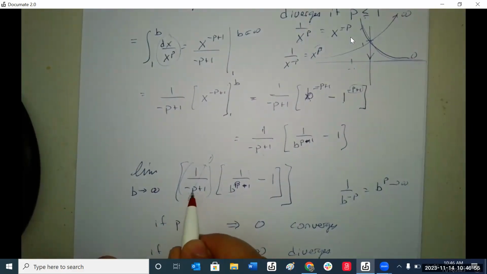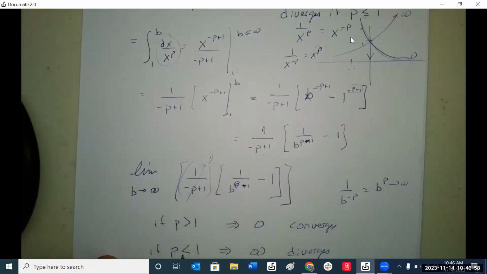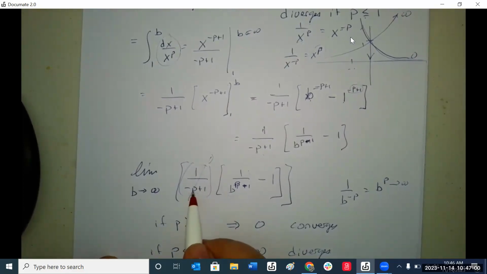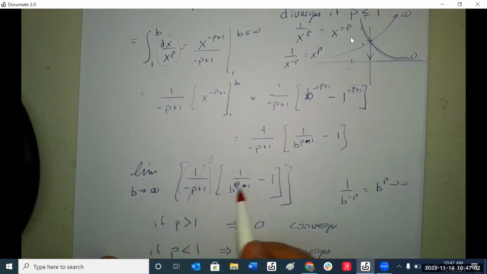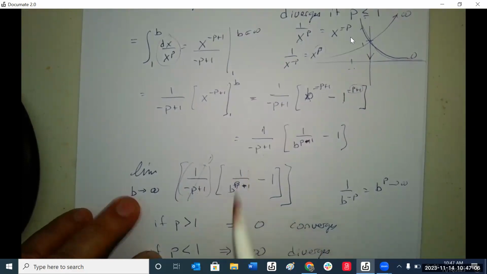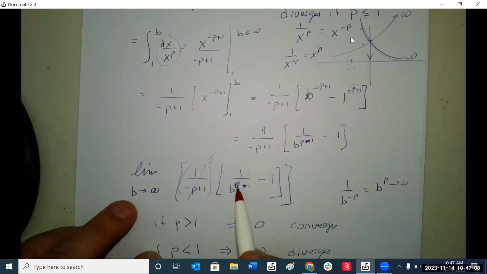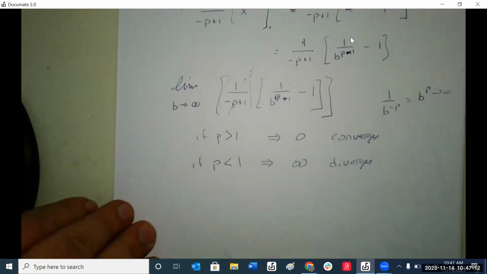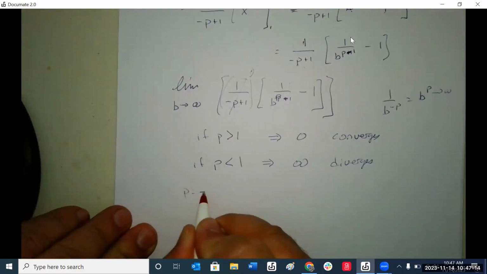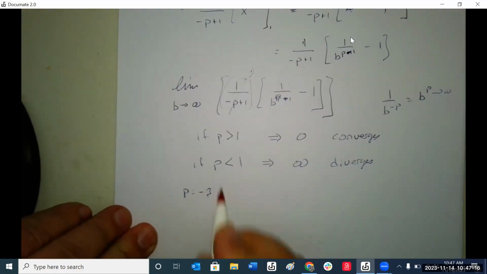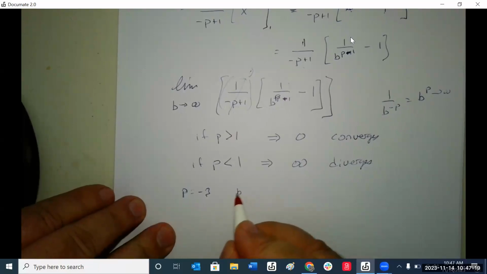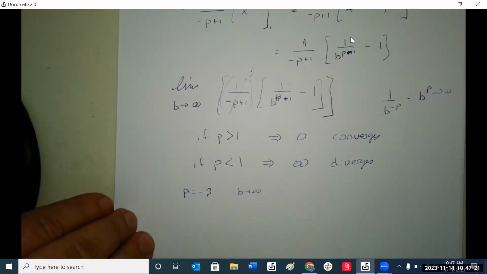Here's what's happening. Let's say P is negative 3. P is a single value, and B goes to infinity.